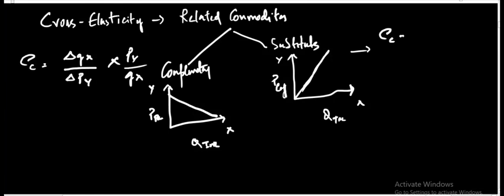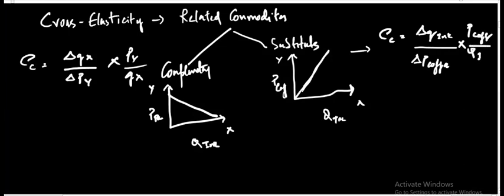Cross elasticity over here will be change in quantity of ink divided by change in price of coffee, into price of coffee divided by quantity of ink.